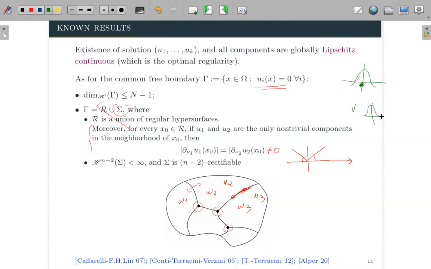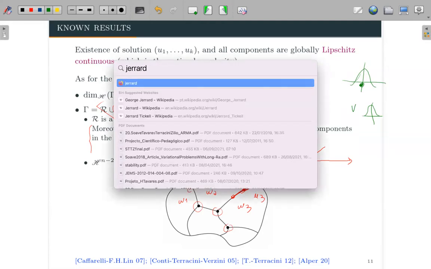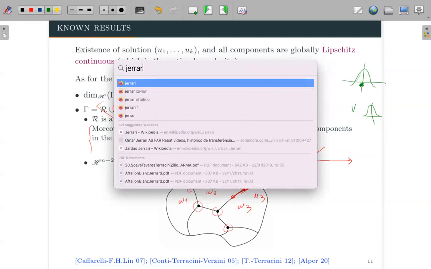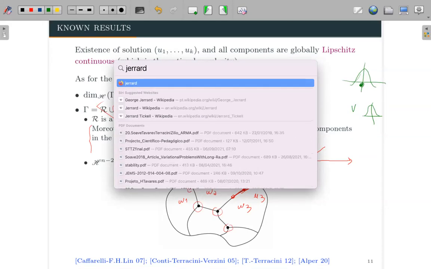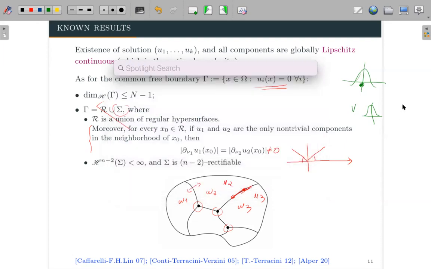So you can think about this, but the motivation was purely mathematical. It was actually, okay, not exactly. This was suggested by Gerard. I don't have it here, but I would have to look.